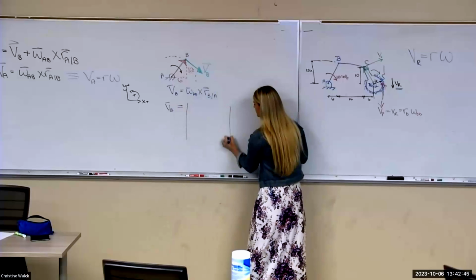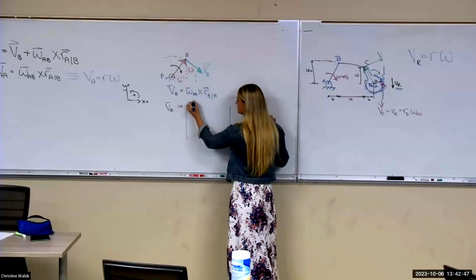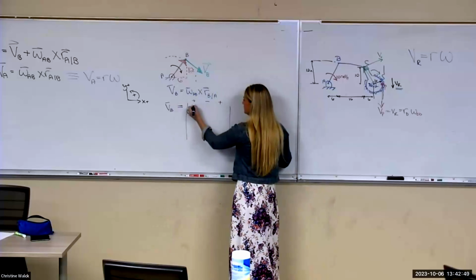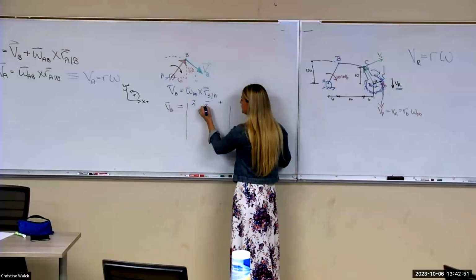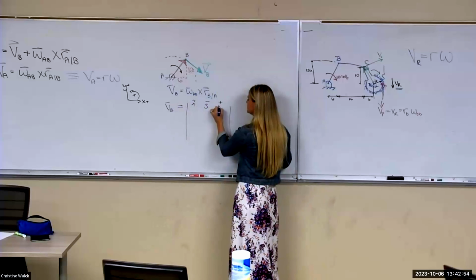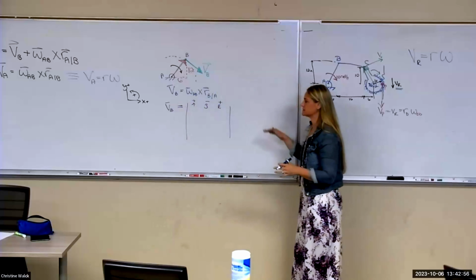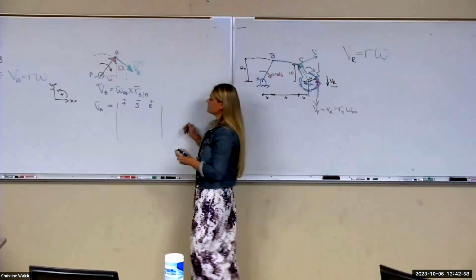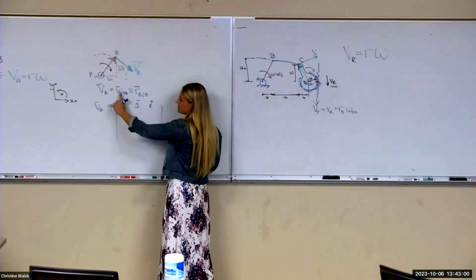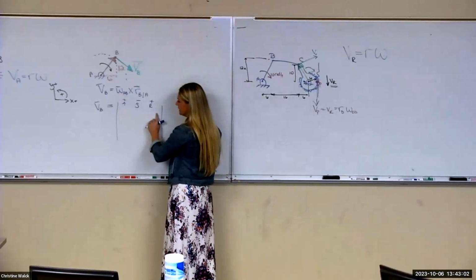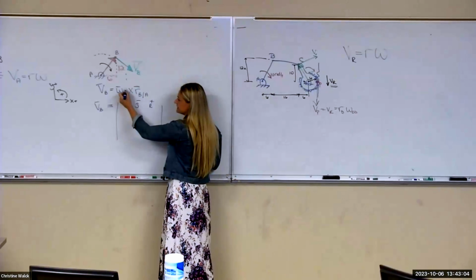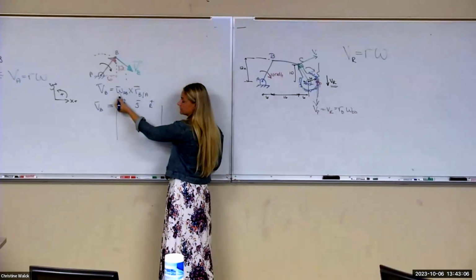my cross product. If you don't remember a cross product, let's quickly go over it, because I'm only going to do one of these, and the rest I'm just going to keep in symbols. You have omega first, so omega has to go in the front row. This is in a K direction only. Remember that.